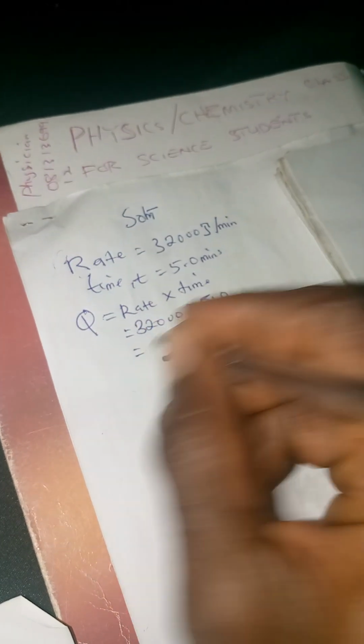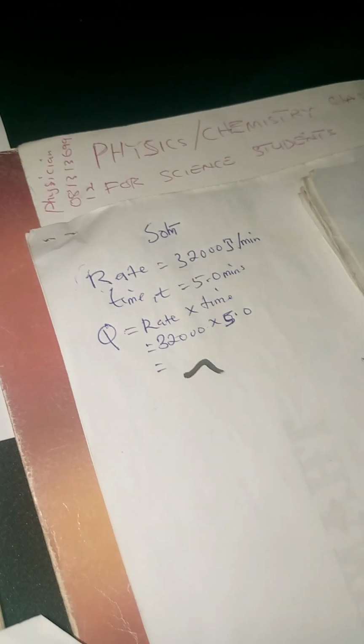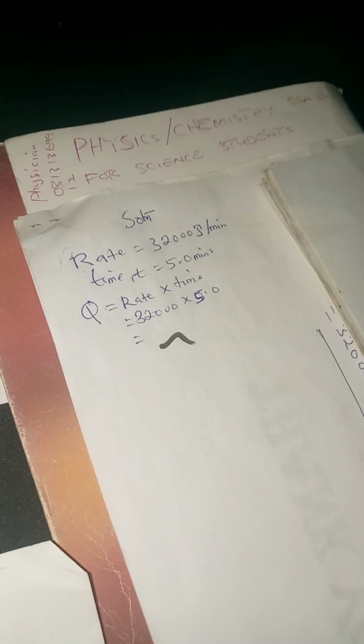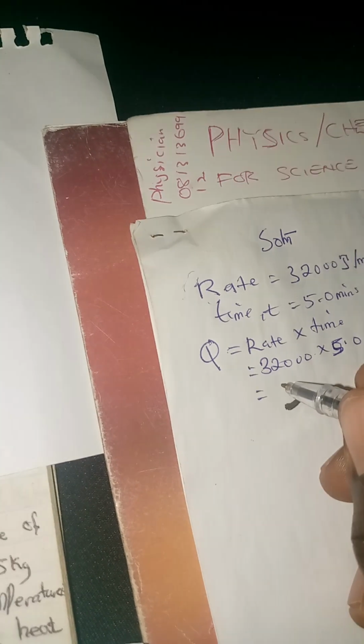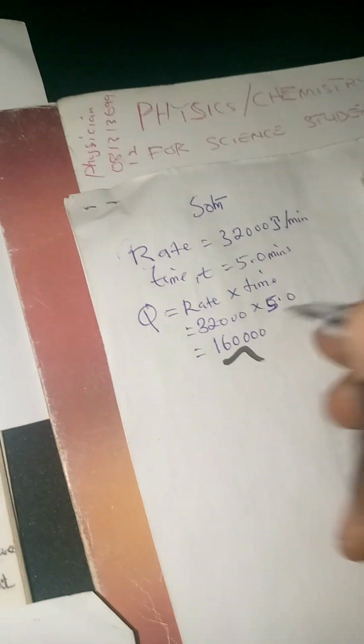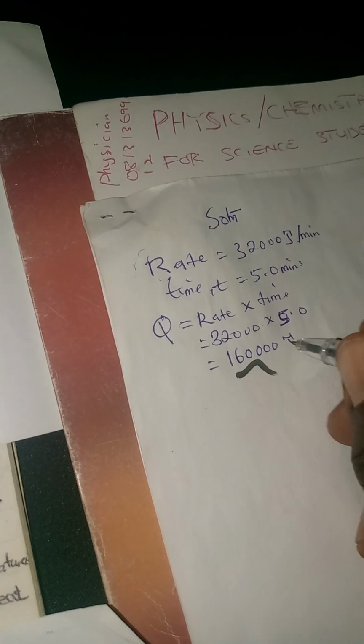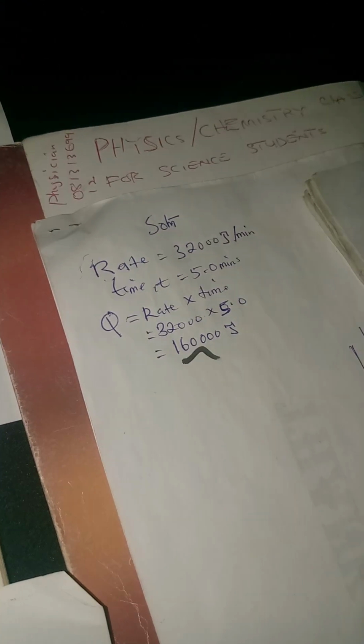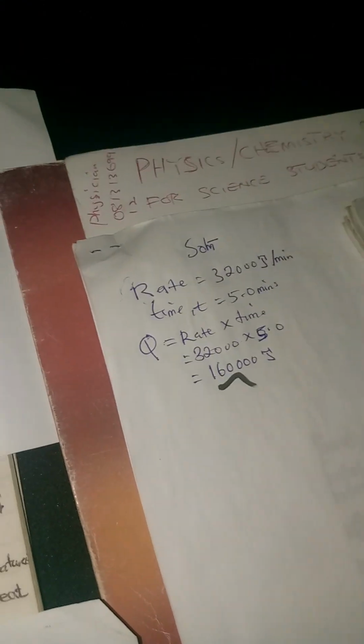If you make use of your calculator, you will discover that the answer is 160,000 joule. The quantity of heat is measured in joule. This is your quantity of heat.